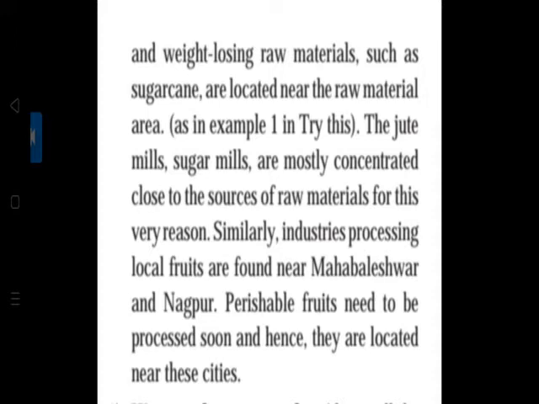Now, Mahabaleshwar is quite close to Pune as compared to other places, so the local fruits which are available can be easily brought into Pune city. Perishable fruits which have very low shelf life need to be processed soon, and hence they are located near these cities. So this is availability of raw material, and the second physical factor is the climate.